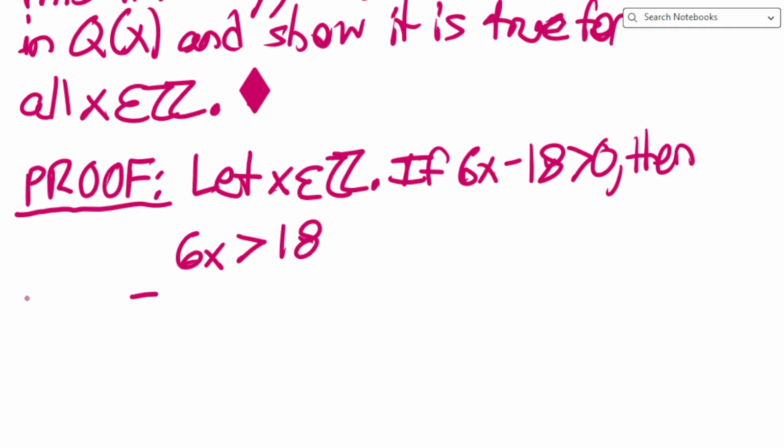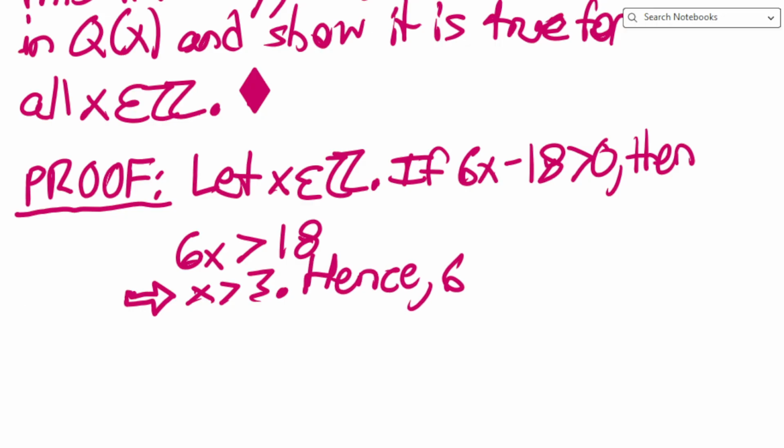Then this implies that x is greater than 3. So hence 6x minus 18 greater than 0 is positive.